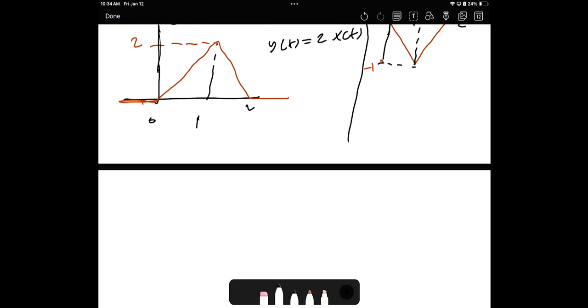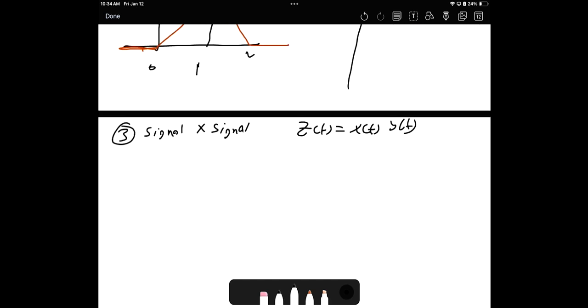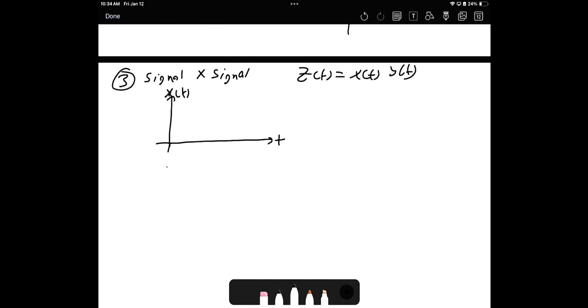Signals times signals. So z of t equals x of t times y of t. So let's assume this is x and assume y, then z.